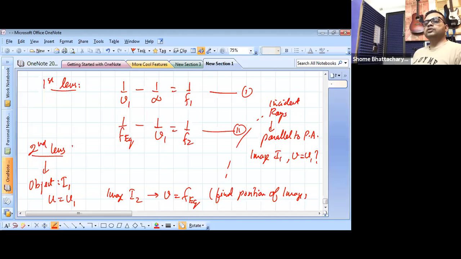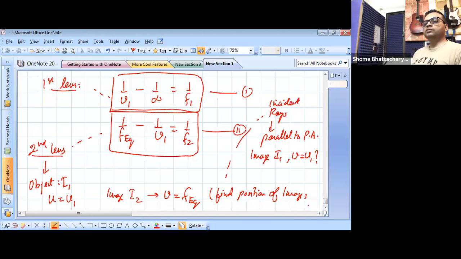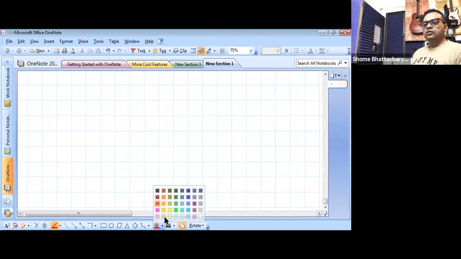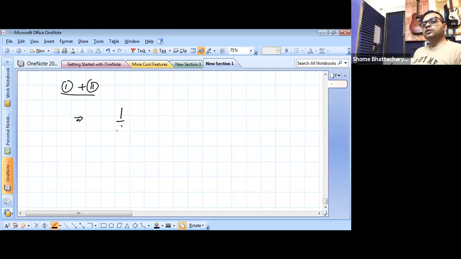So for the second lens we have this one. You can see two very simple equations. If we just add the two, you get rid of V1, and you get the formula of the equivalent focal length: 1 upon F equivalent is equal to 1 by F1 plus 1 by F2, where F1 and F2 have to be substituted with proper algebraic sign.